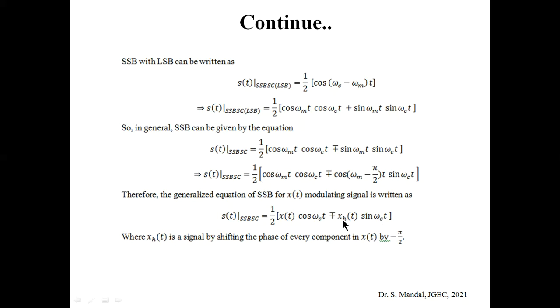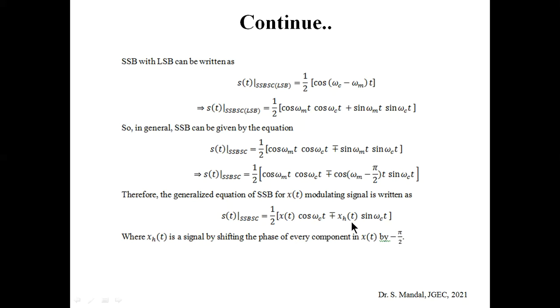Now what is xh(t)? It has a property: you can see that cos ωmt is shifted by minus π/2 and we get sin ωmt. So obviously xh(t) is nothing but the minus π/2 phase-shifted version of x(t). So xh(t) is a signal where the phase of the respective signal is shifted by minus π/2.